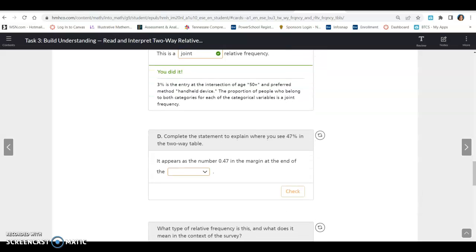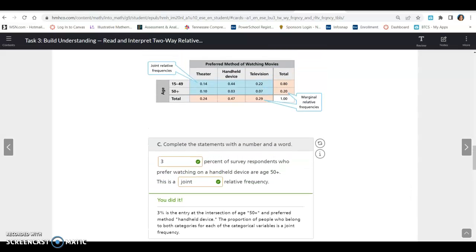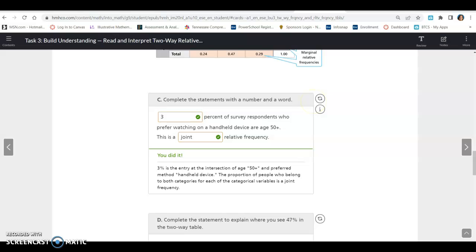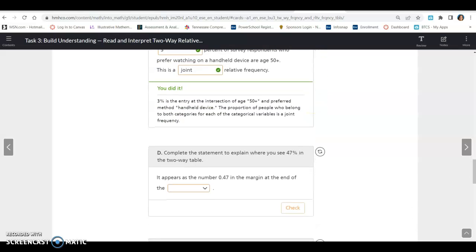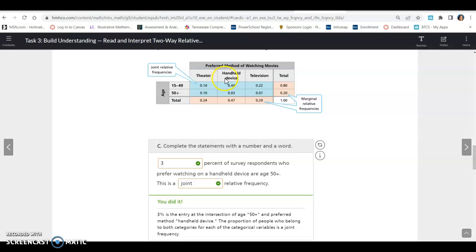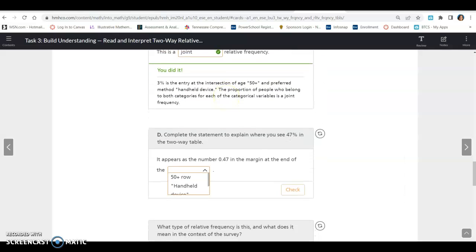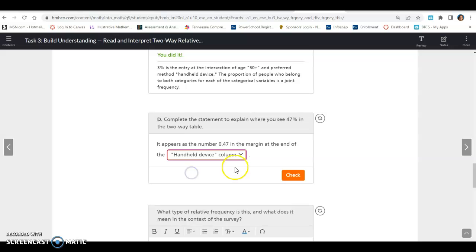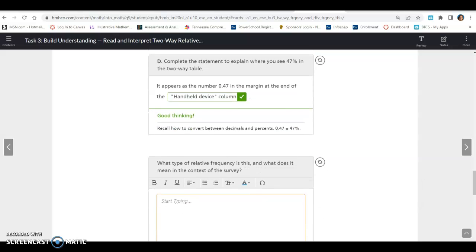All right, complete the statement to explain where you see 47% in the two-way table. If we look up here, we see 47% here, and that is considered a marginal relative frequency. It appears as the number 0.47 in the margin at the end of the handheld devices row.